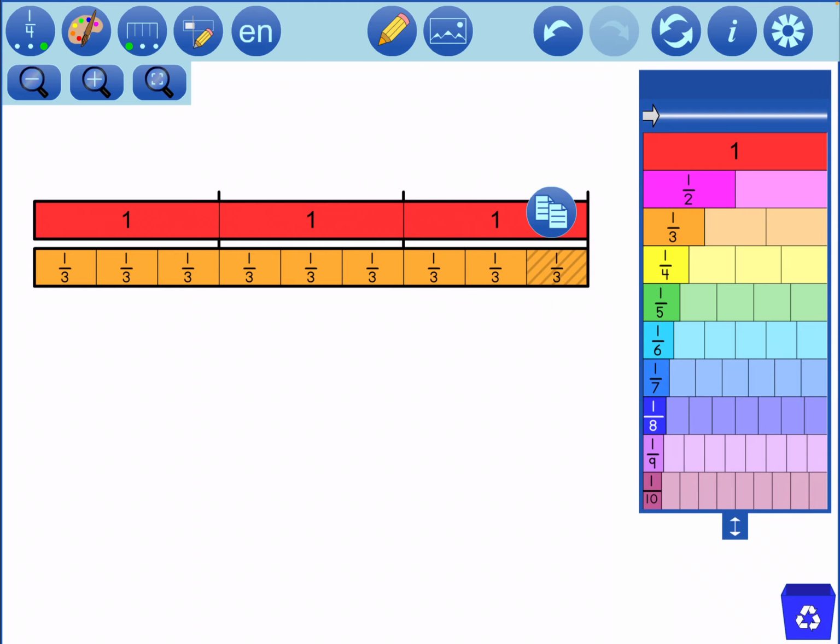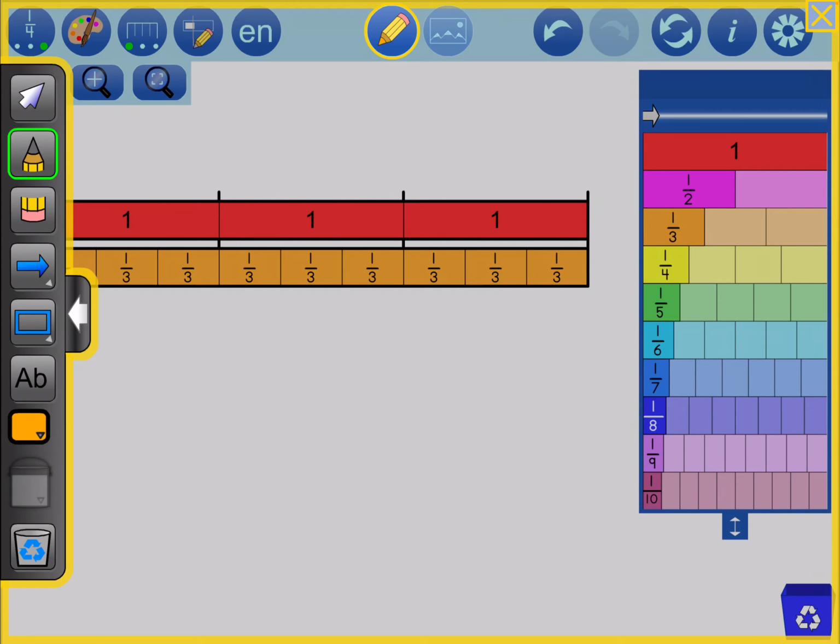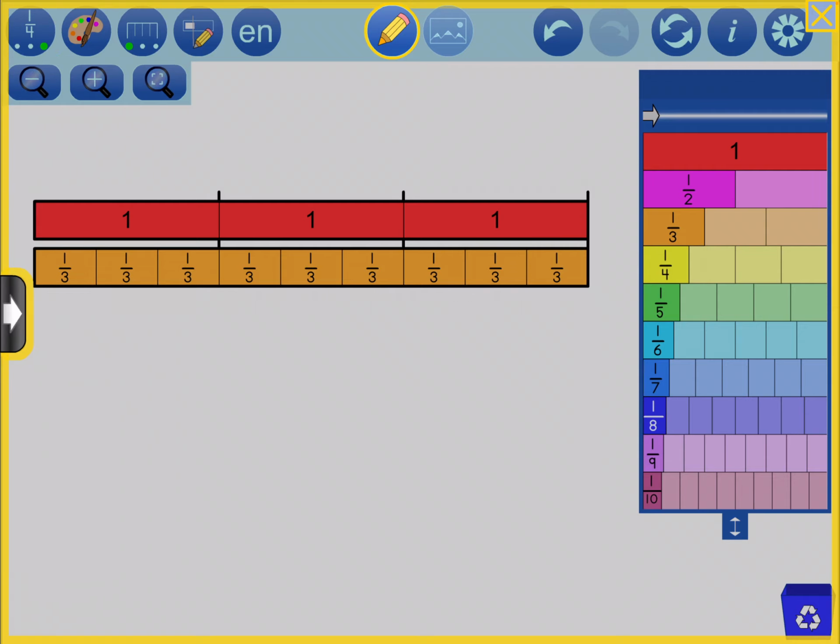And so in this case, if I pick up my pencil here, I can go through and count. I've got 1, 2, 3, 4, 5, 6, 7, 8, 9. So I've got 9 1/3 chunks that fit in that range between 0 and 3.